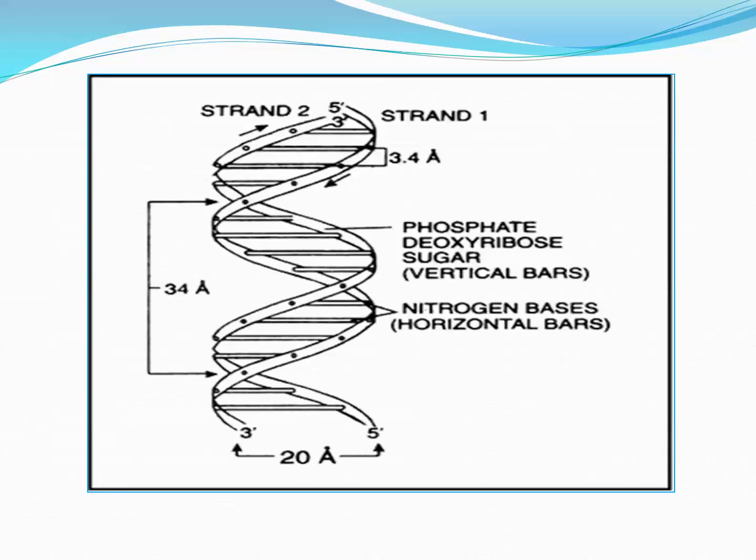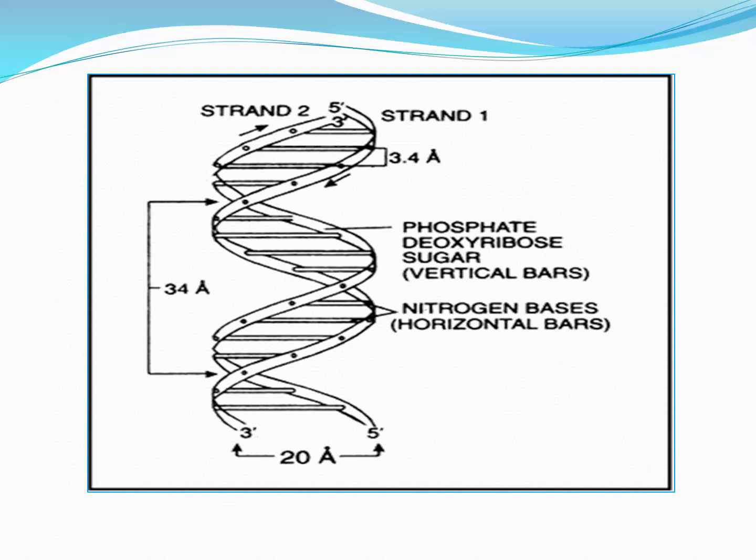Friends, here we can see the structure of DNA, that is a double stranded helical structure, and we can see the two strands. If one strand has 3 prime on one side, then the other side will be 5 prime, and if one strand has 5 prime, the other side will be 3 prime, because it is antiparallel in structure.